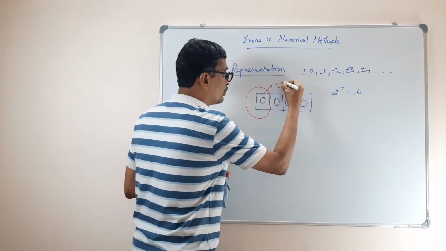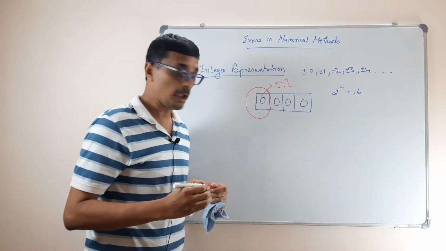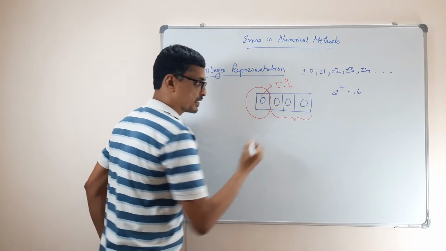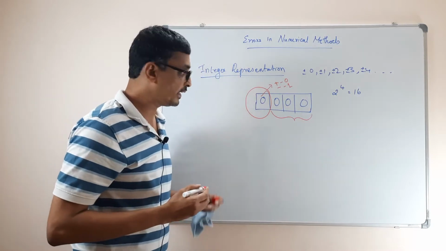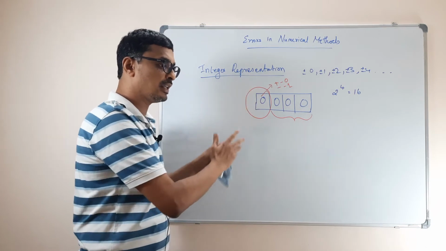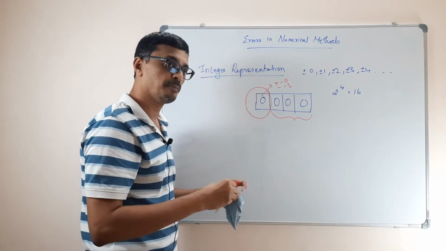Maybe positive I will call 0 and negative I will call 1. So then the rest of the bits I have to use for representing the number. Clear? Am I making it clear? So what is the smallest number and the largest number I can store in this configuration? Tell me.